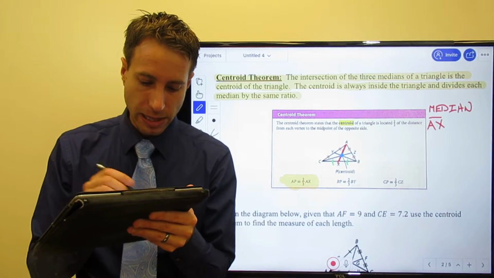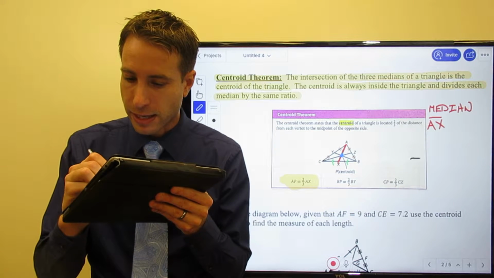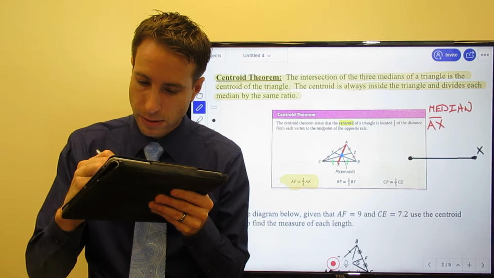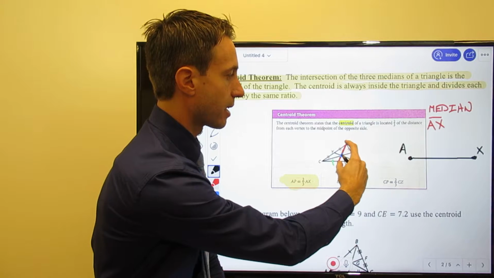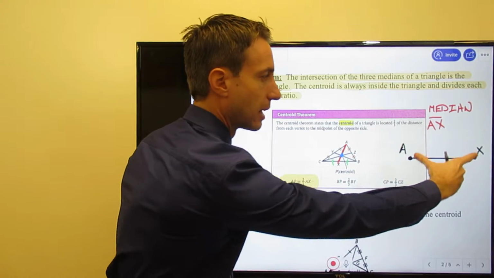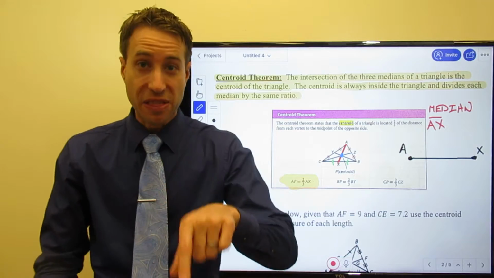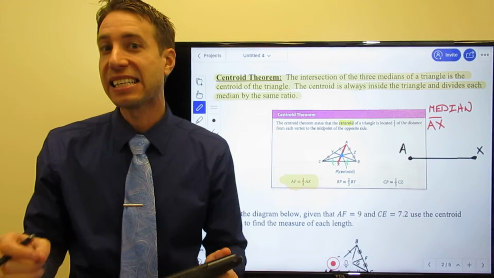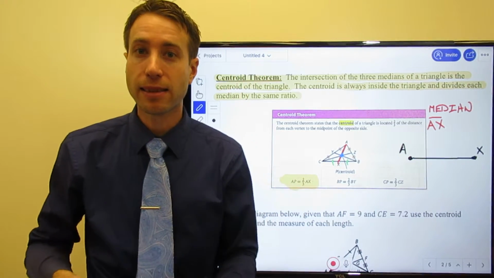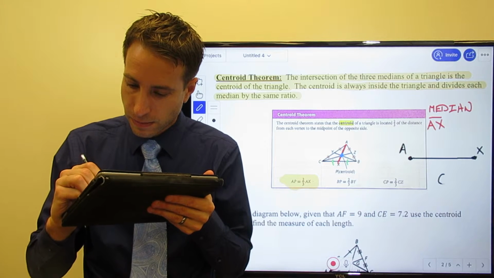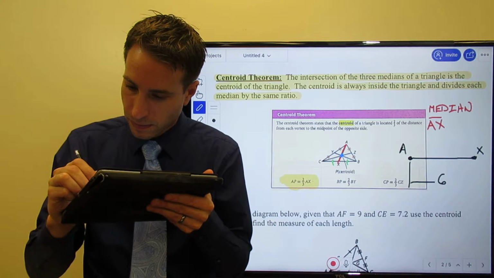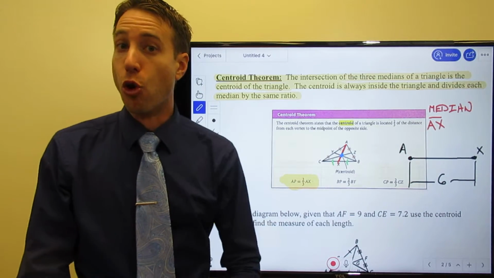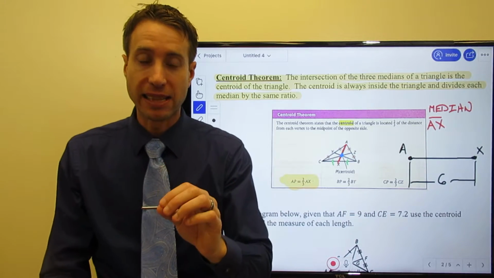Real simple example, let me show you. If I give you this line right here, there's X, there's A. Let's say I've just taken this line segment AX, pulled it out of the triangle, and put it right there. To keep things easy, let's say line segment A to X has a length of 6 units. Now, the way this centroid theorem works is simply this.